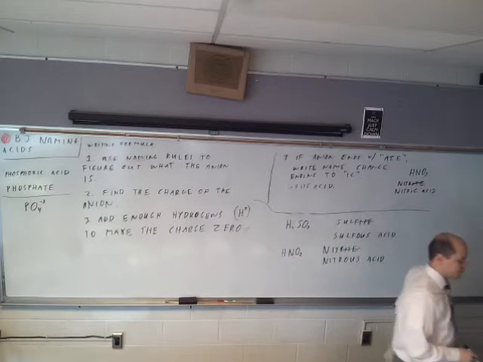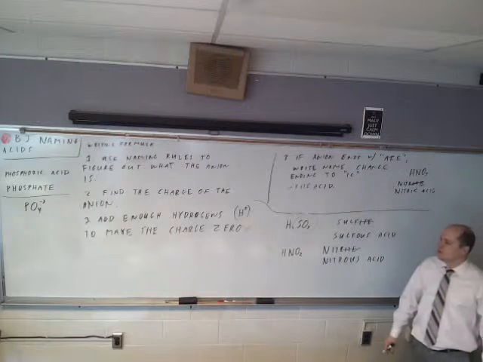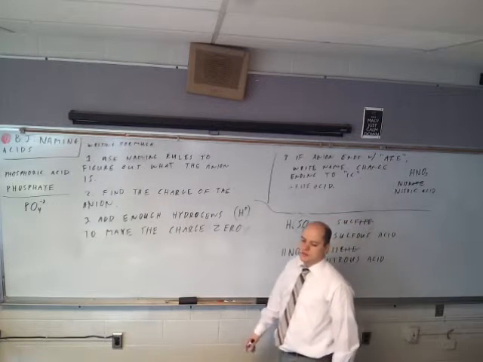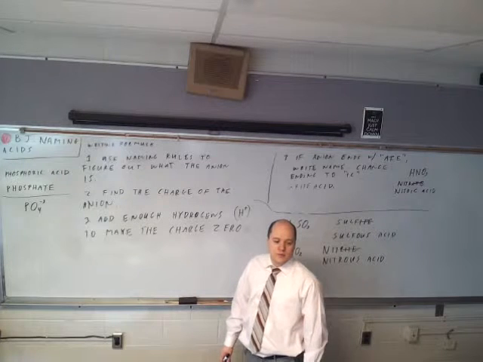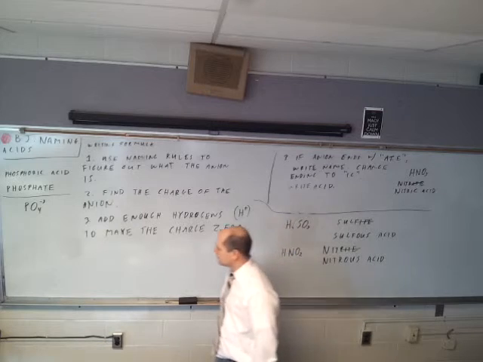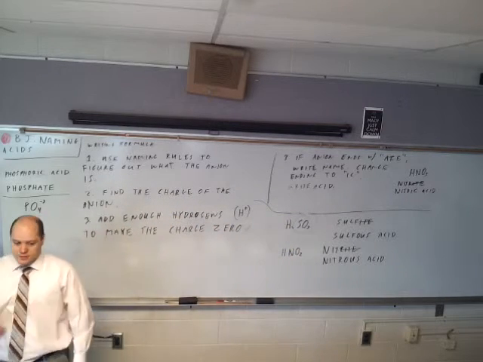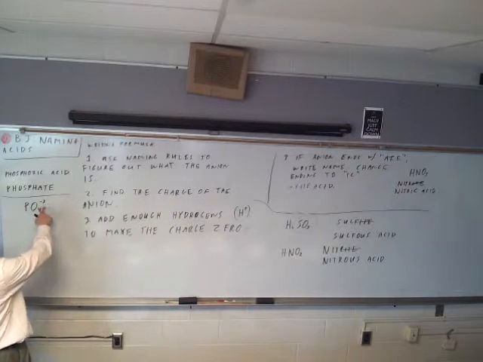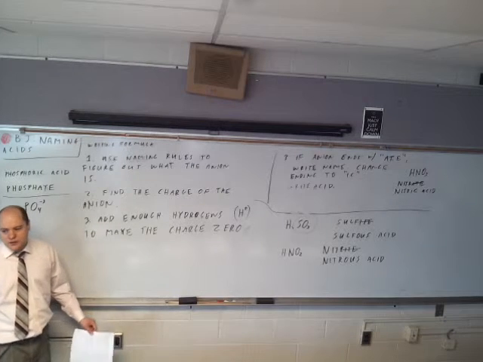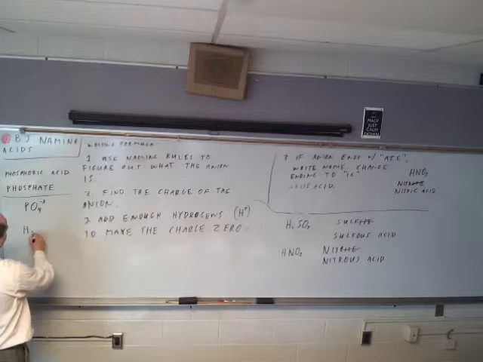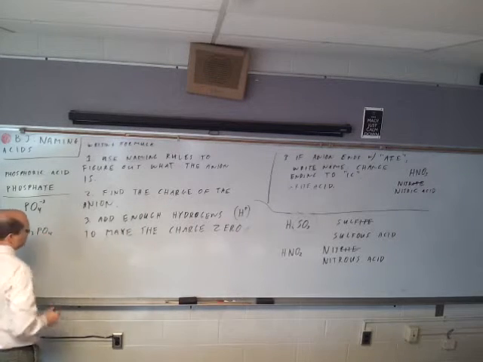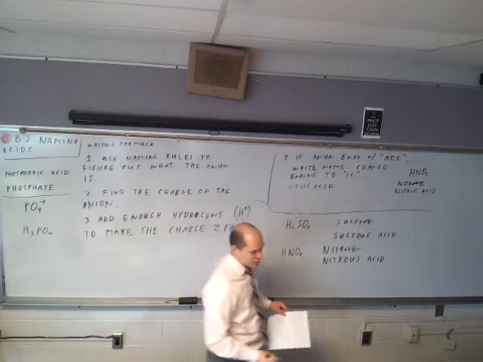So how many hydrogens is phosphate going to need to get up to 0? Come on, say it. 3. Thank you. Good job. So yeah, it's got a -3 charge, and if the hydrogen is +1, then you need 3 hydrogens. It's got to be H3PO4. That's phosphoric acid.